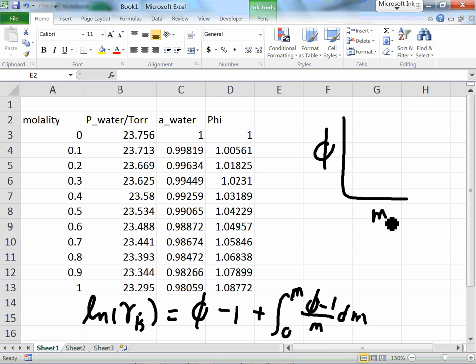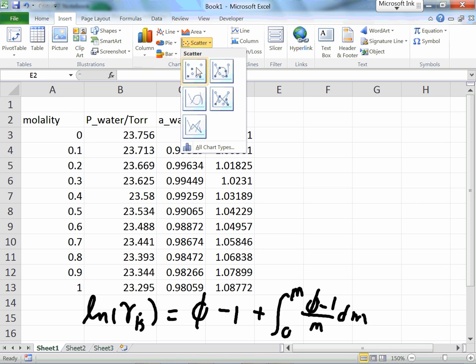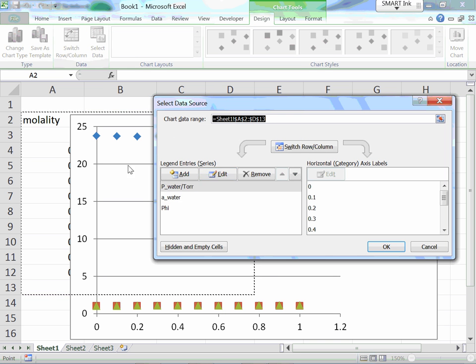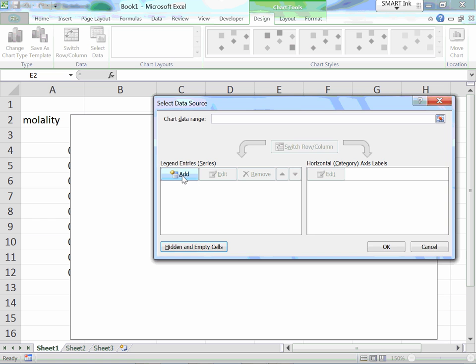Let's go ahead and do that graph. Insert a chart, scatter plot. We're going to plot, select data, design, select data, remove, and then add.